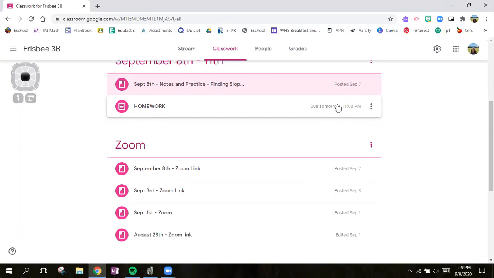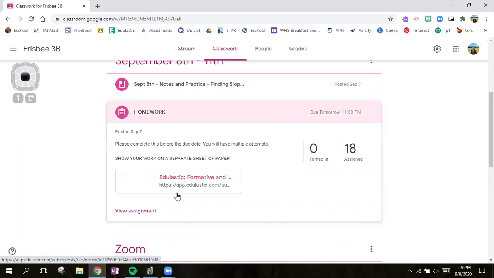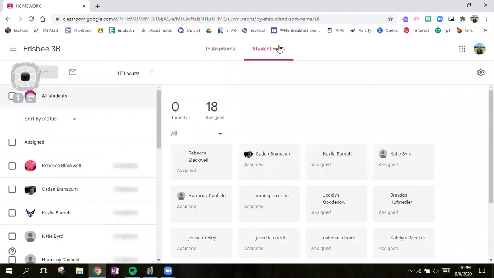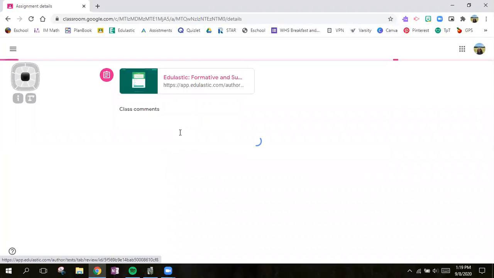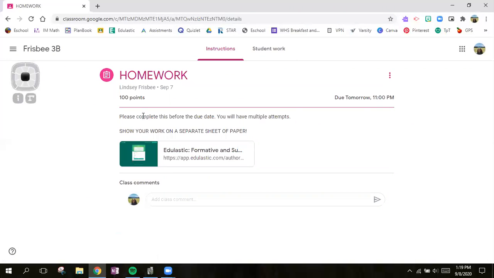Now listen to what I'm saying, because this is how it's going to work all year. In the assignment, I wrote, show all your work on a separate sheet of paper. So if at any point you want to redo the assignment, I've opened it to where you can attempt it 3 times. But after you do it once and you don't like your score, it's just going to restart the exact same quiz.